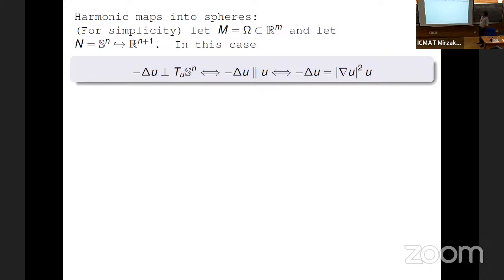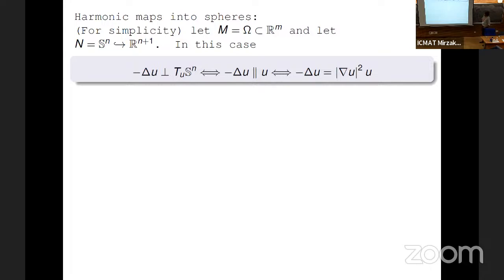The fact that your minus Laplacian should be perpendicular to the tangent space means that minus Laplacian should be parallel to u, which means, essentially playing with the fact that u should be of length 1 because it takes values in the sphere, that minus Laplacian of u should be equal to this term on the right-hand side.